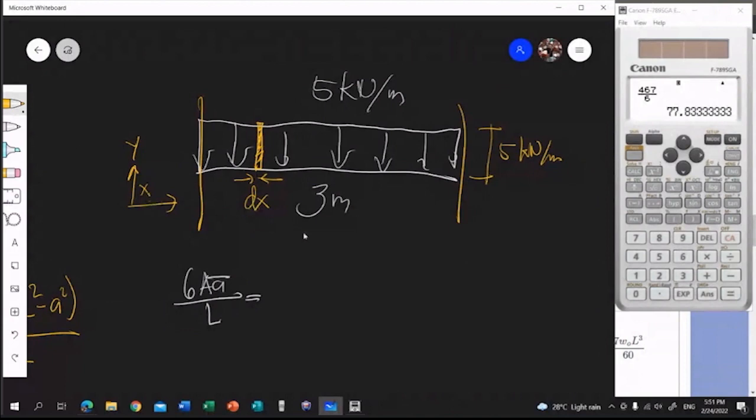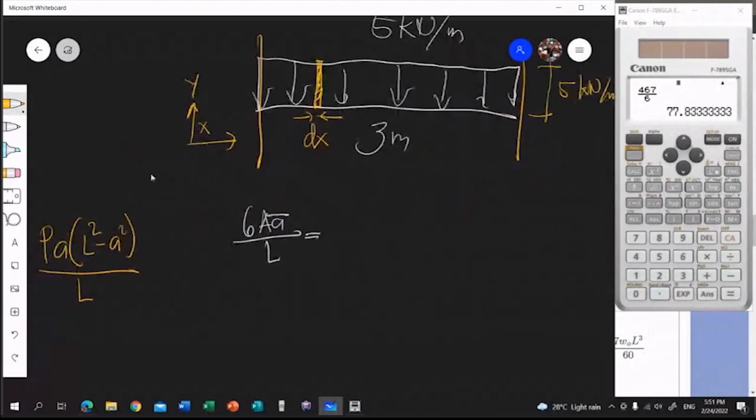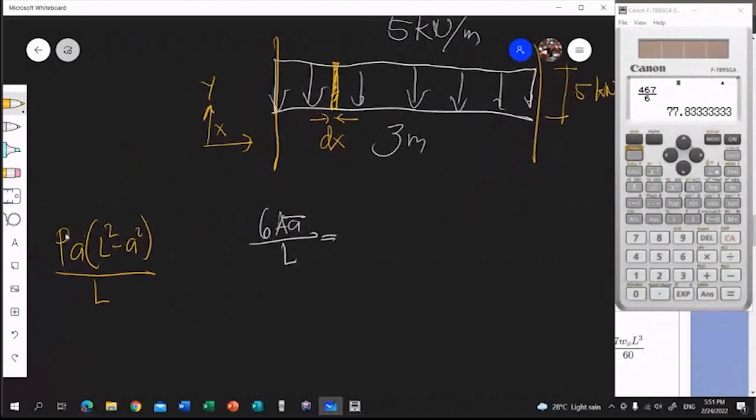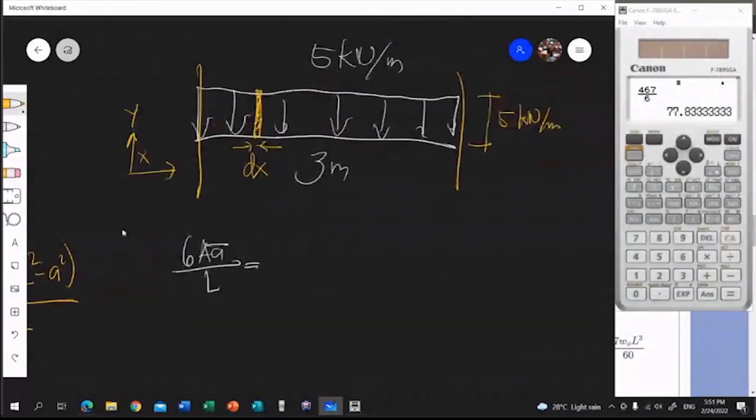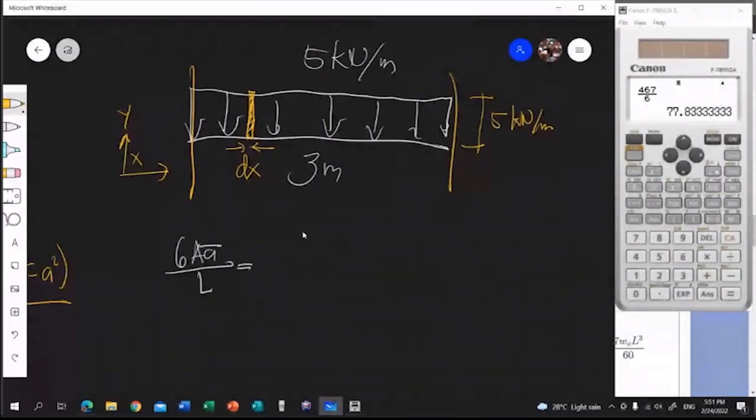Okay? From this formula right here, your P needs to be in kilonewton, right? So what you need to do is multiply the 5 kilonewton per meter by dx.